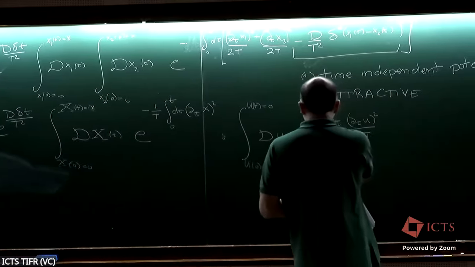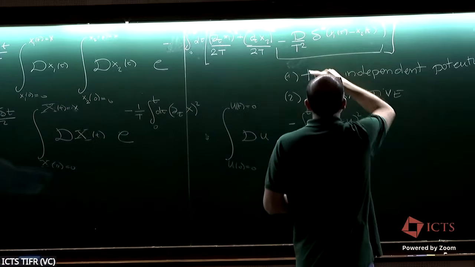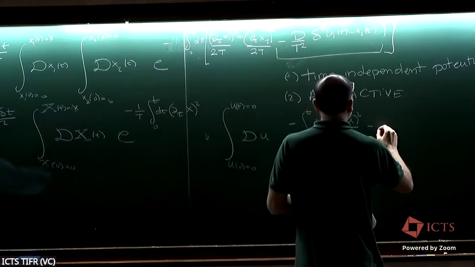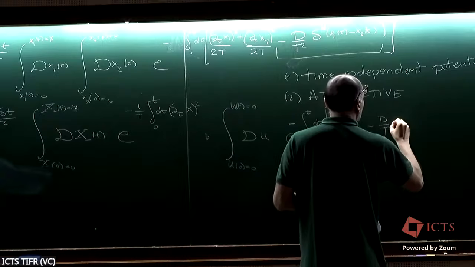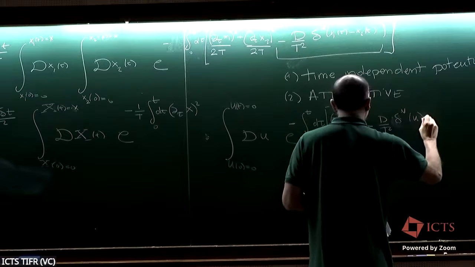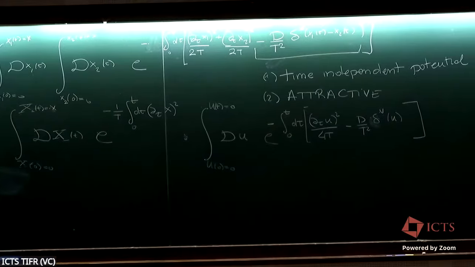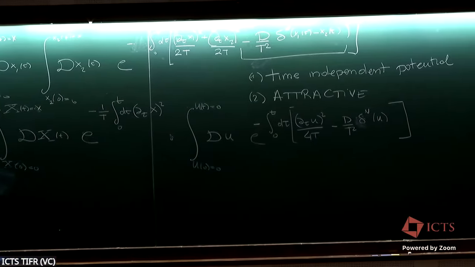And here we have minus d over t square v delta n of u. Okay? Did you follow? I mean, what I did is just change the coordinate between the center of mass and the relative coordinates. Okay? So now you see that for the capital X coordinates, there is no potential, it's free. So this is Z free.